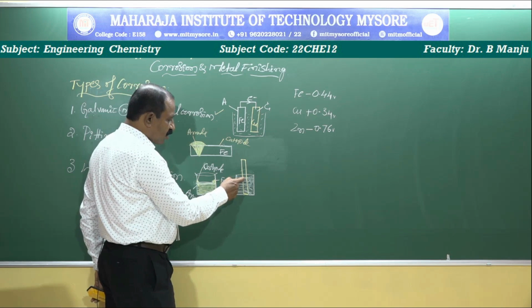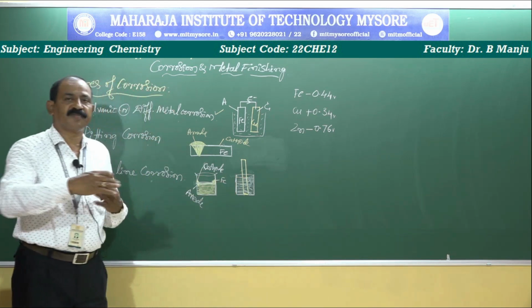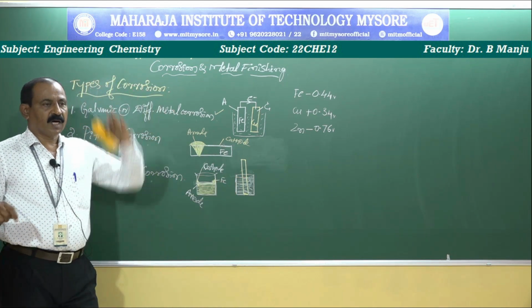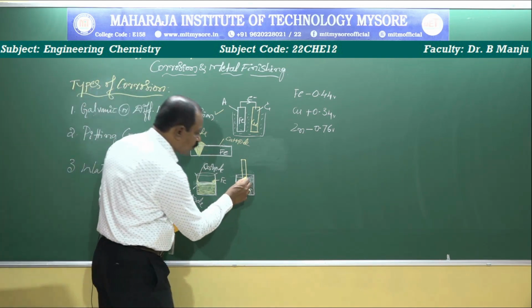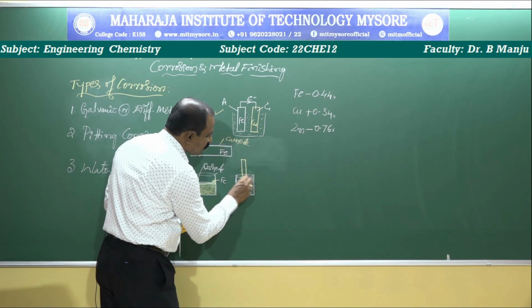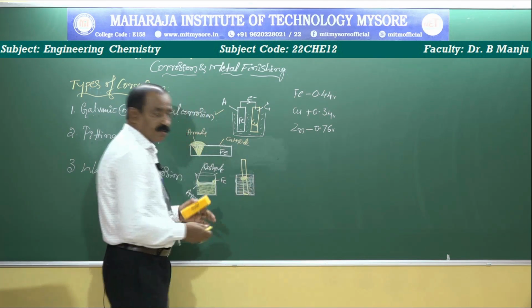Actually, only at the waterline can we easily observe the difference of oxygen concentration, atmospheric oxygen and dissolved oxygen concentration varies only at this particular place. That is called waterline corrosion.